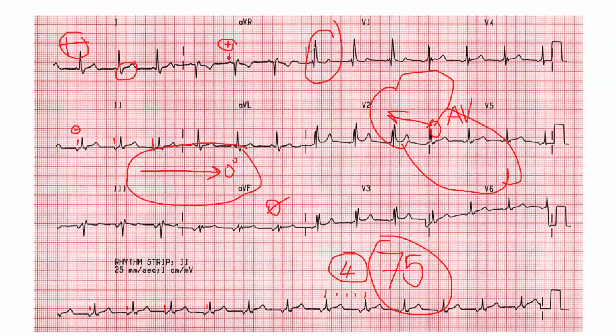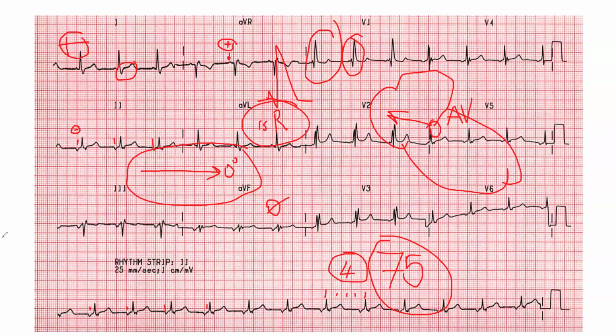Look at this pattern. What you do see in V1? It's positive. What does it mean? This RSR pattern. Ventricular contraction.